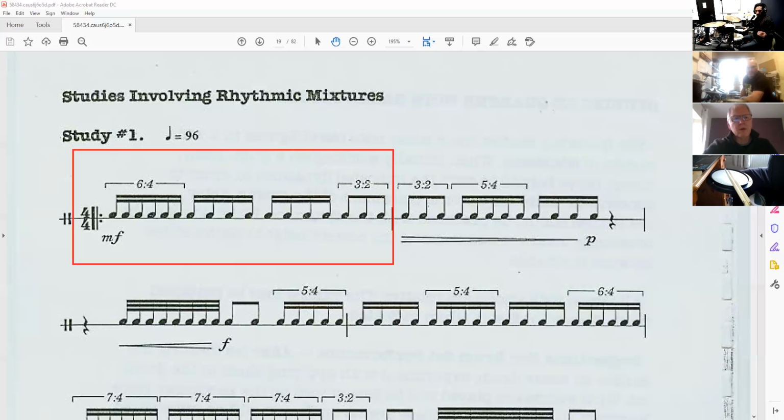1 and the 1 and the 2 E and the 3 E and the 4 and the 1, 2, 3, and again. 1 and the 1 and the 2 E and the 3 E and the 4 and the 1. Really lock it in with the clicks.